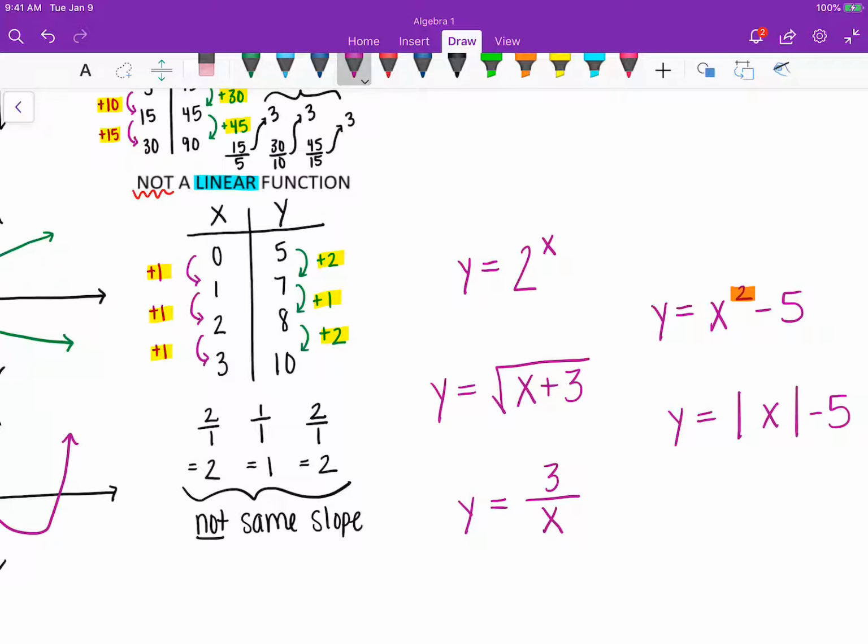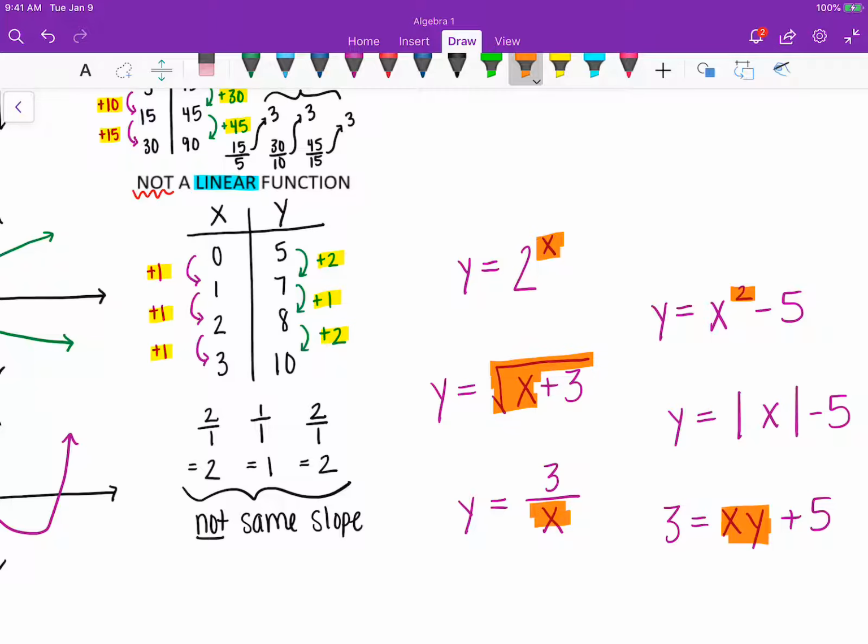What else? We could even do something like this. 3 equals xy plus 5. Right? X and y are being multiplied together right here, and that's not okay. So I'm going to kind of highlight all of the issues. On the first equation, the x was up in the exponent. That's not okay. The next one, the fact that the x was underneath of that square root was not okay.